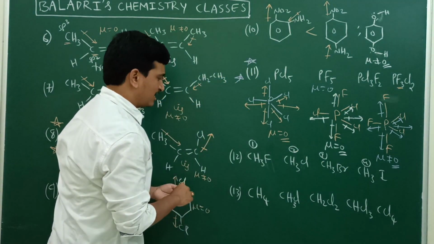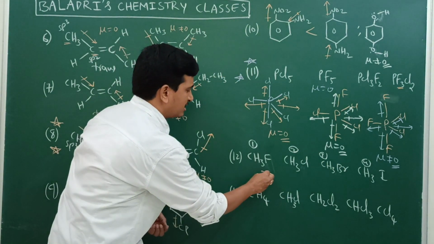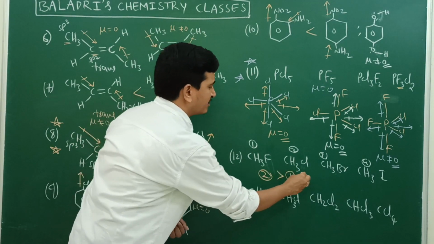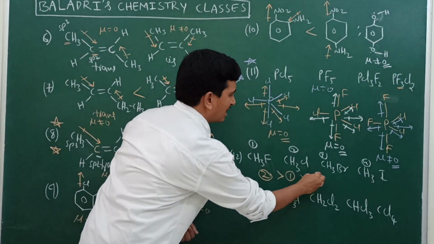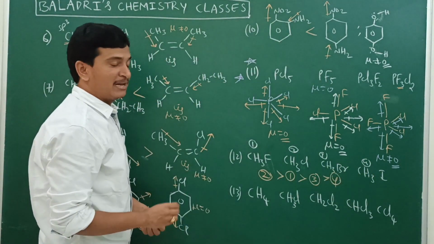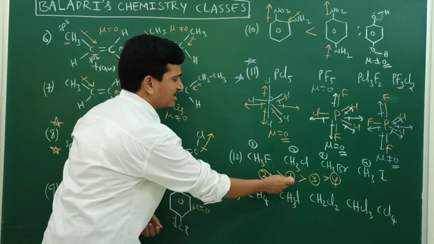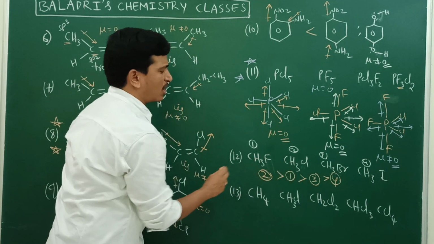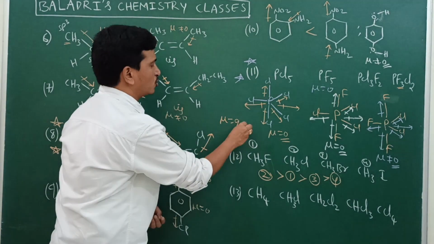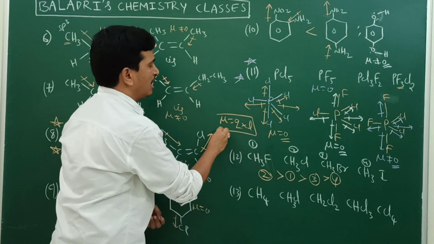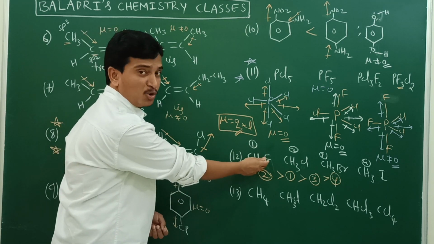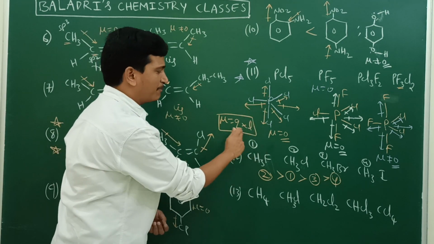But originally the order was found to be different. Methyl chloride has more dipole moment than methyl fluoride. Methyl fluoride has more than methyl bromide. Methyl bromide has more than methyl iodide. What is the reason methyl fluoride has less dipole moment than methyl chloride? I already told you, dipole moment mu is equal to Q into L. Always we consider the Q value. If Q is more, it means electronegativity is more, charge separation will be more, and then dipole moment will be more.